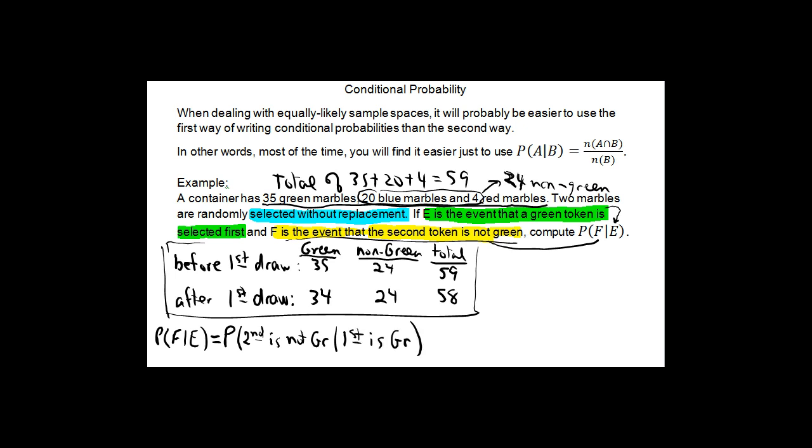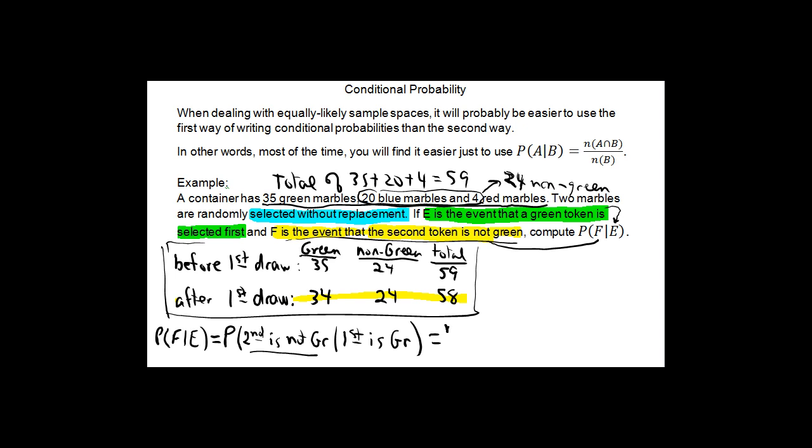I like to see this in words. So that's what they're asking us to calculate. So that's going to be the probability after this first draw has already happened. So after this first draw has already happened, we're looking for the probability that it's not green.